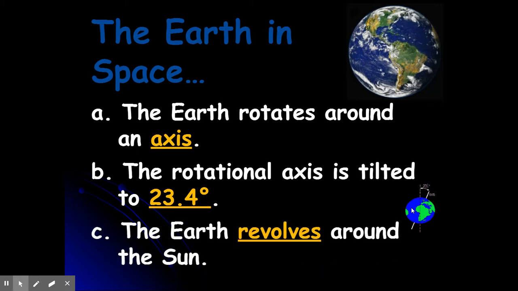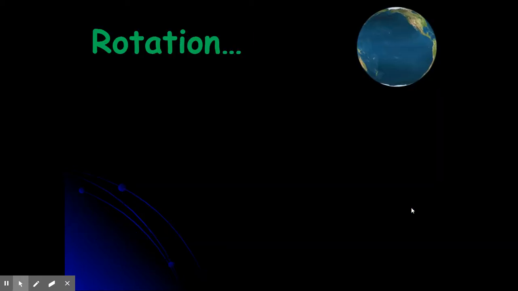And the other thing too is revolves. We'll get to the revolution part here in a minute, but the Earth rotates on its axis, spins, and the Earth revolves or orbits the sun. And so the important piece here is that you understand the difference between rotation and revolution.